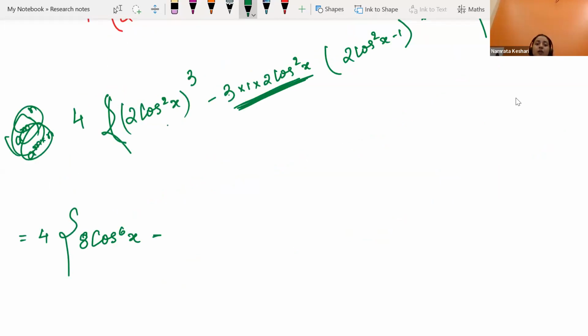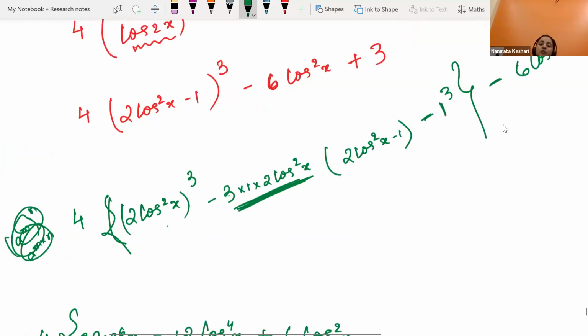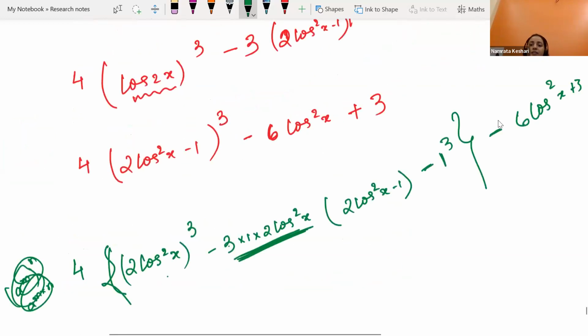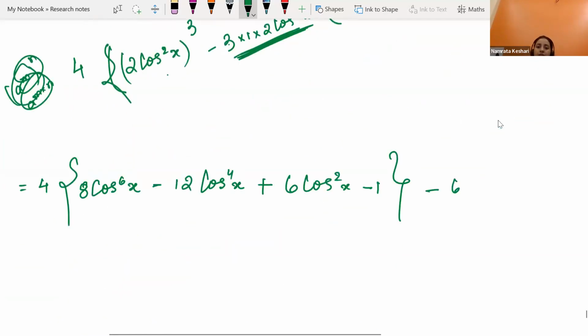If you multiply 6 cos square x with 2 cos square x, it will be 12 cos to the power 4x. Now 6 cos square x minus 1, that means plus 6 cos square x. Is it so? Now minus 1 cube is just minus 1. Minus 6 cos square x plus 3.